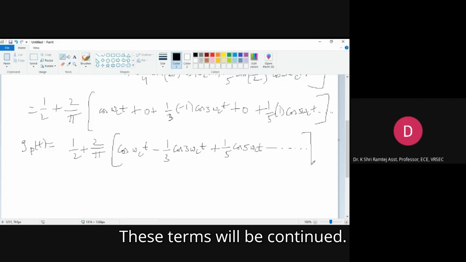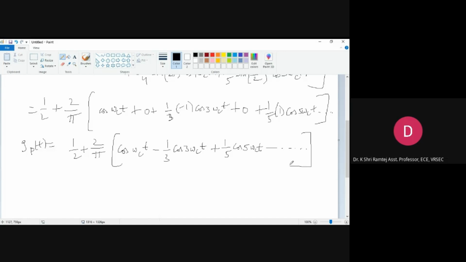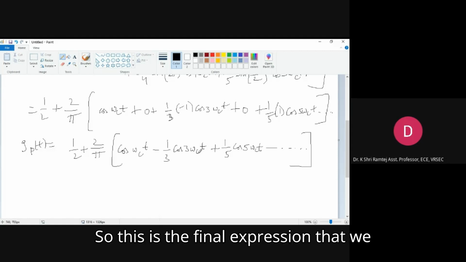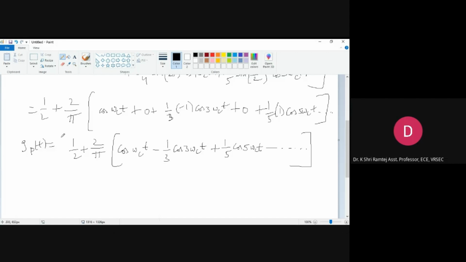These terms will be continued. So this is the final expression that we have obtained by using Fourier series expansion.